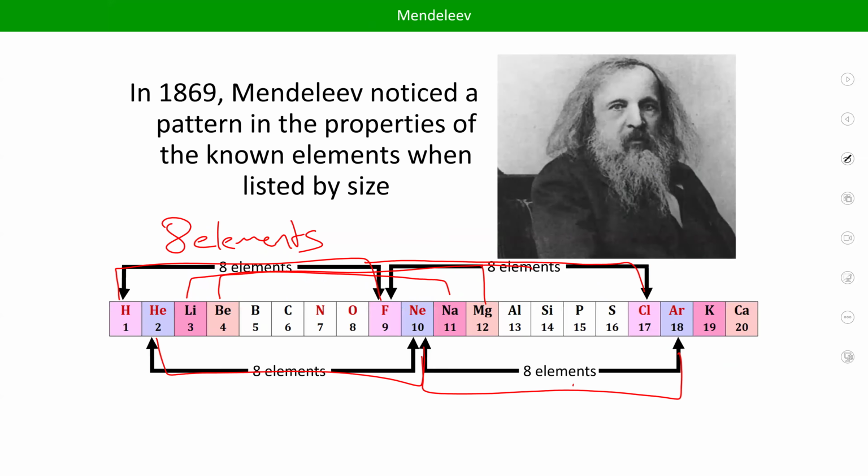Mendeleev is an interesting dude. He was the youngest of either, we don't actually have great records because he was Russian, born in the early 1800s. He was the youngest of either 13 or 17 kids, we don't know which. But he was the youngest of a really big family.